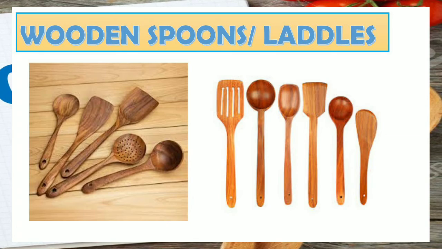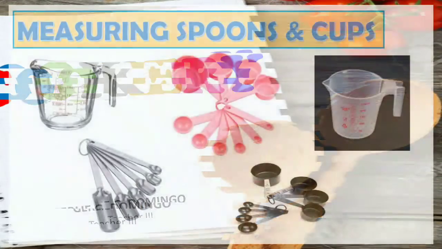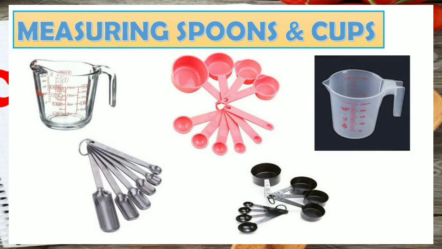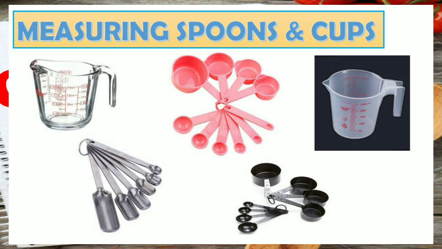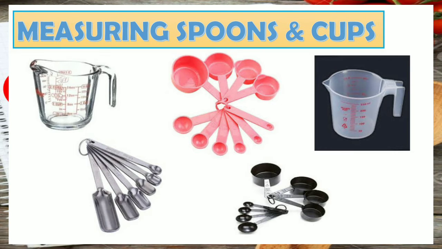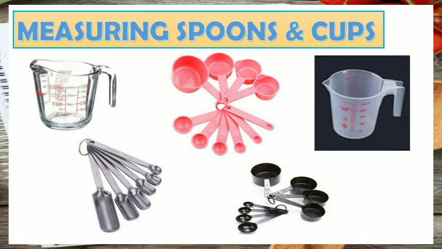Okay, now here are our measuring spoons and cups. We use the spoons for small amounts of dry ingredients. This bigger one is for liquid ingredients, but it holds only 250 ml of liquid.